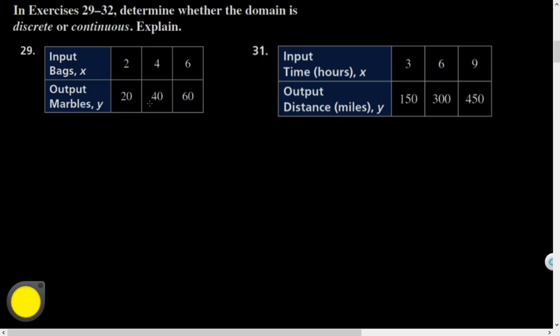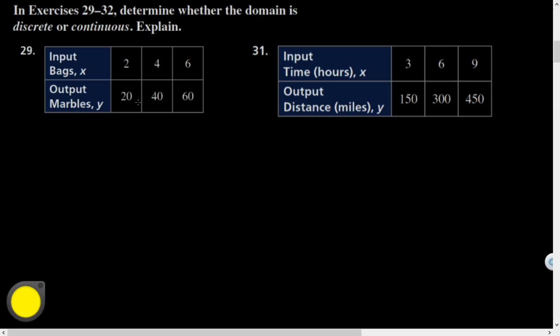Could I ever have 11.5 marbles? No, I can't. You count marbles as whole objects. Well, I would argue if it was a broken marble, you could maybe get half a marble. But if it was a marble that was half the size of another marble, I would still count that as a whole marble.